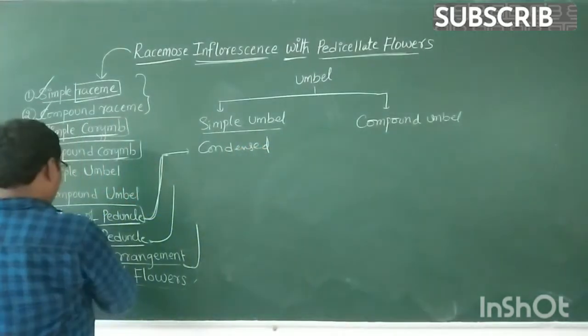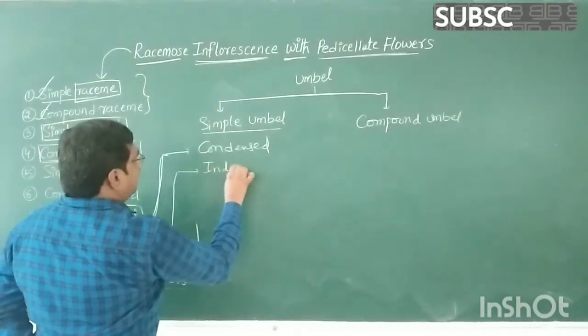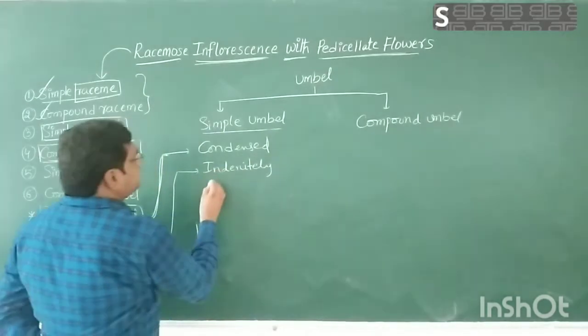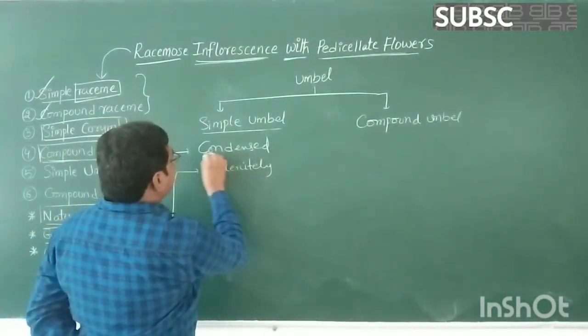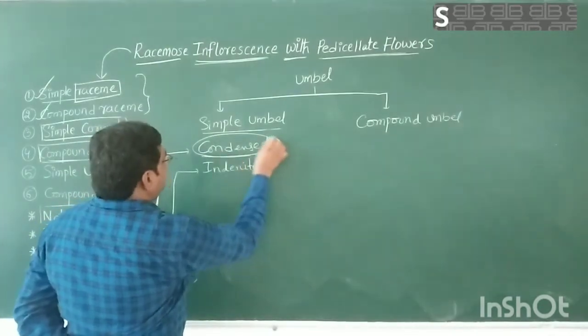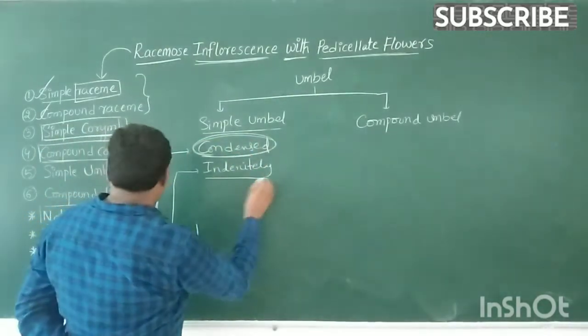and growth of the peduncle is indefinite, but it is condensed, reduced to the condensed form of the peduncle. So what is the growth of the peduncle?